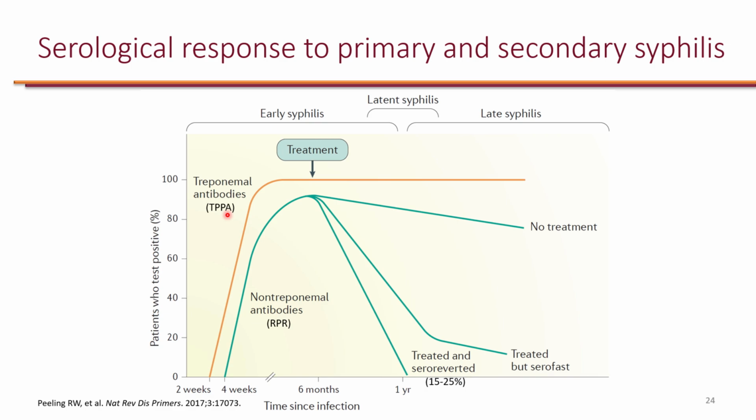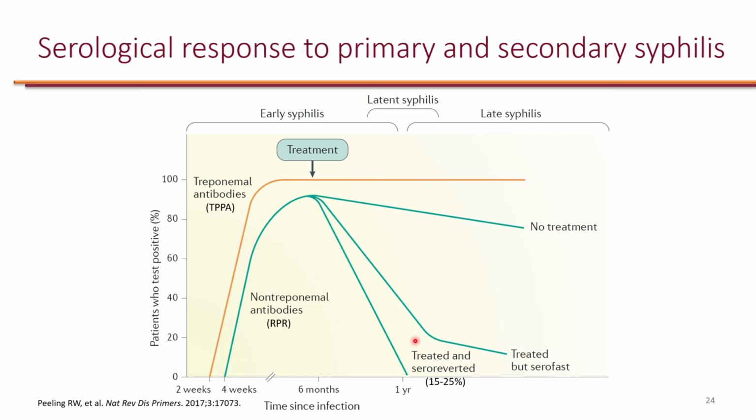Now with TPPA, because it's directed at the organism, these antibodies will last forever, right? So even if someone had an infection in the past and it's been successfully treated, these are gonna test positive over time, regardless of whether they have an active infection or not. Whereas with non-treponemal antibodies, once the organism is cleared, the levels actually go down.